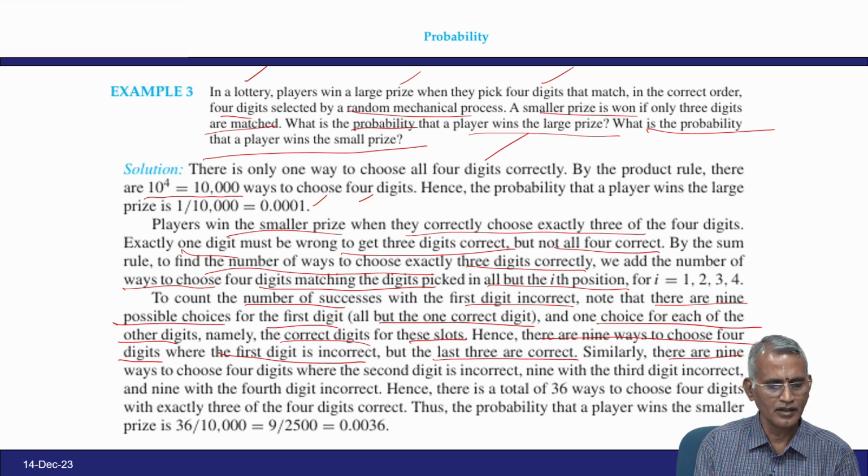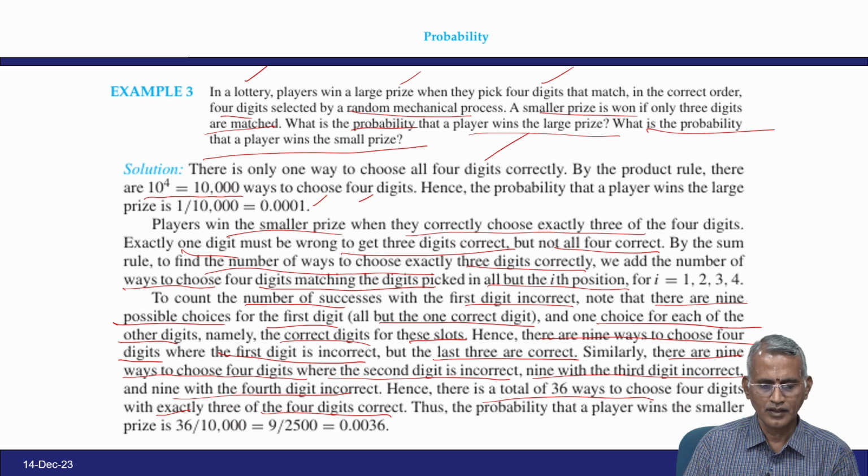Similarly, there are 9 ways where the second digit is incorrect, 9 with the third digit incorrect, and 9 with the fourth digit incorrect. Hence, there is a total of 36 ways to choose the 4 digits with exactly 3 of the 4 digits correct.